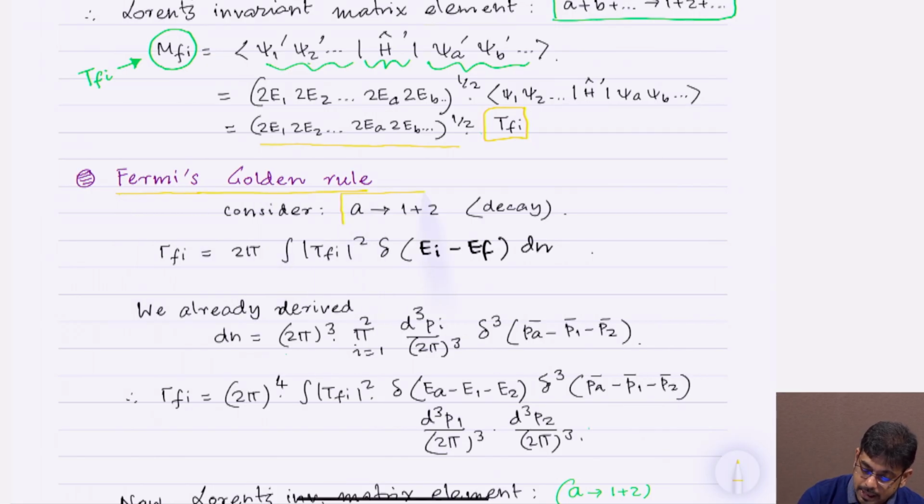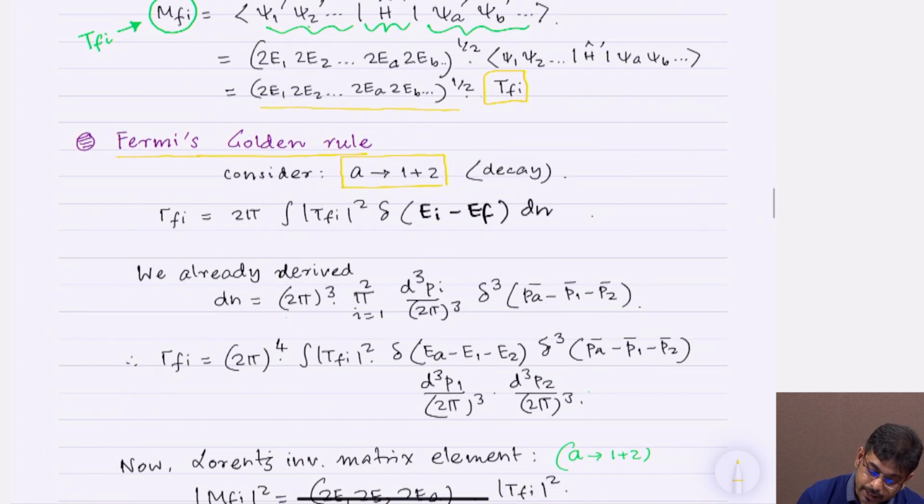Therefore, now if I want to rewrite Fermi's golden rule, which we wrote for the process of a decay A going to 1 plus 2, this was the definition that we had: Gamma_fi was 2 pi into mod of T_fi squared into rho(E_i). This rho(E_i), the phase space part, we said can be written as a delta function of (E_i minus E_f) into the phase space density dn.